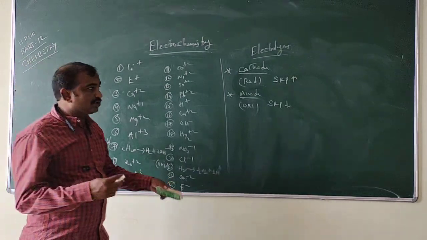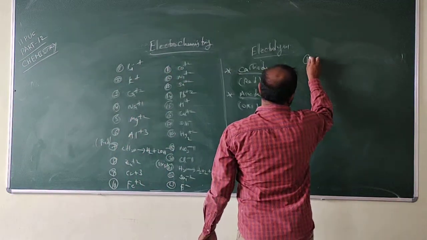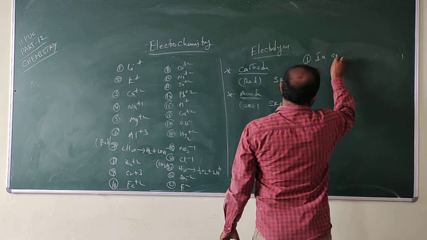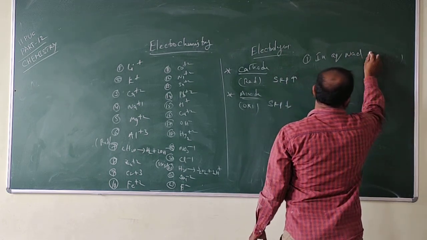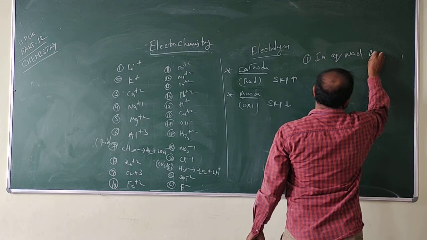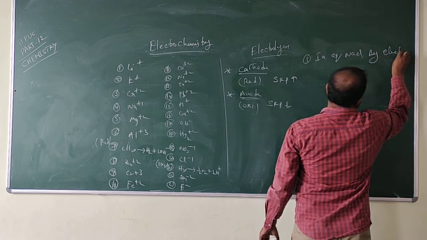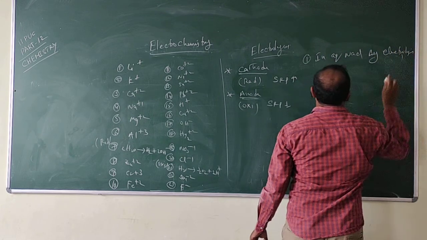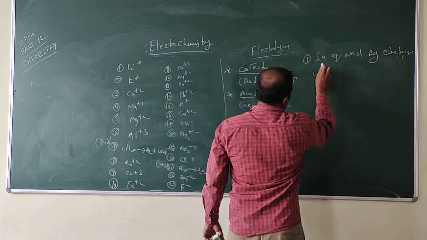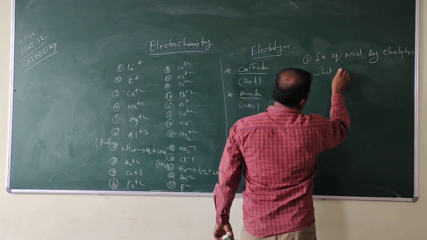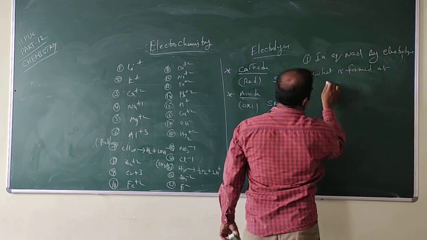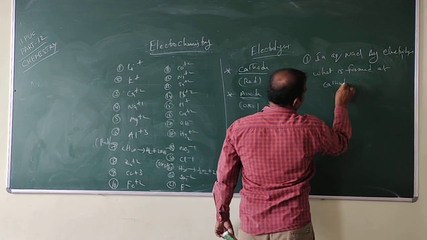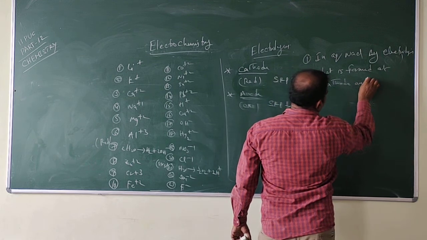Now the question is like this. By electrolysis of aqueous NaCl, what is formed at a cathode and at an anode?